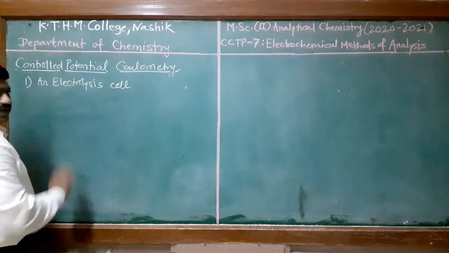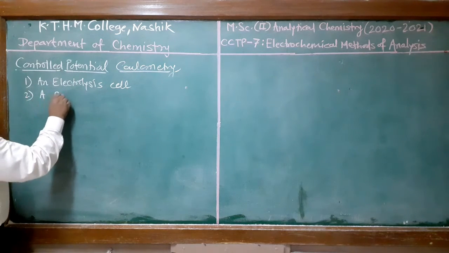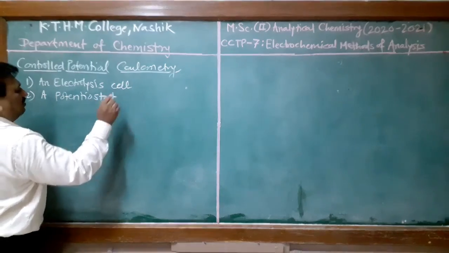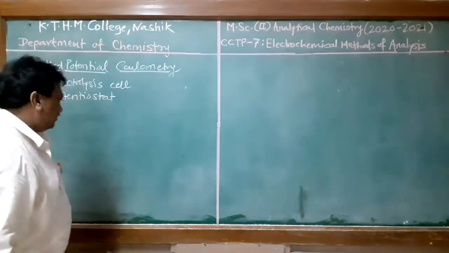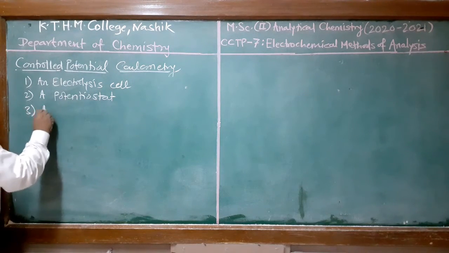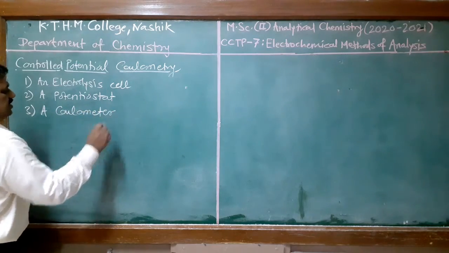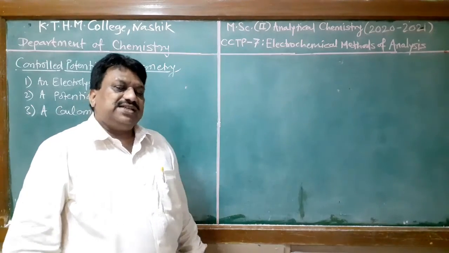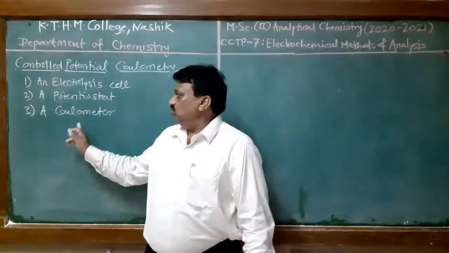Both require the electrolysis cell. Second, a potentiostat, that is a device which is required to adjust the potential of working electrode to a fixed value. And third is the coulometer. Coulometer is another device which measures the quantity of electricity. How much electric charge is utilized for the chemical reaction is measured by the coulometer.